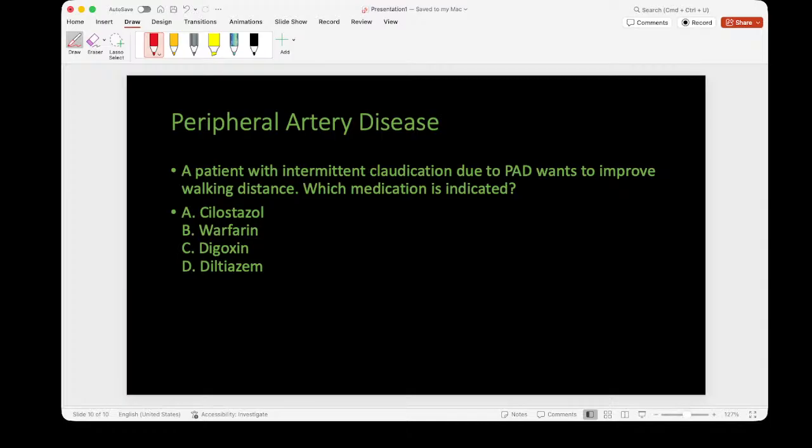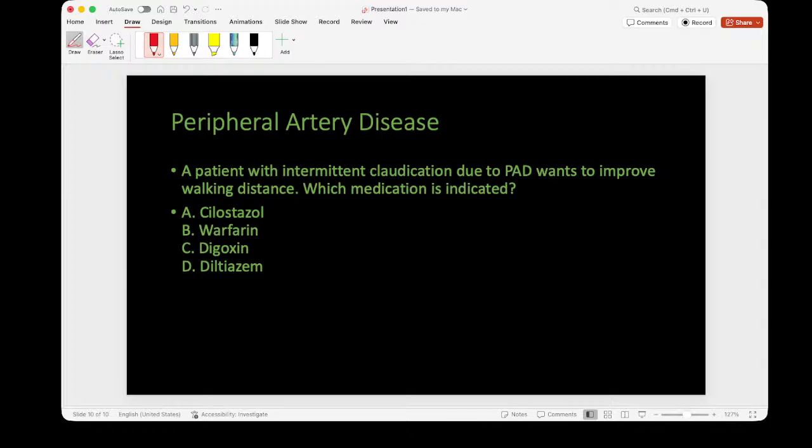You're mainly trying to lessen the aggregation in the tissues leading to that intermittent claudication in the peripheral parts of the body.